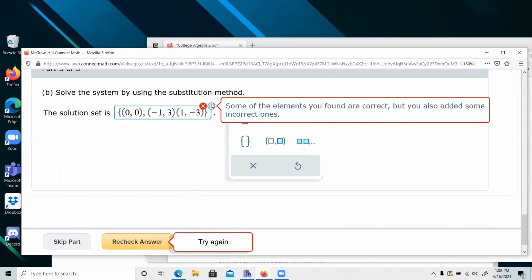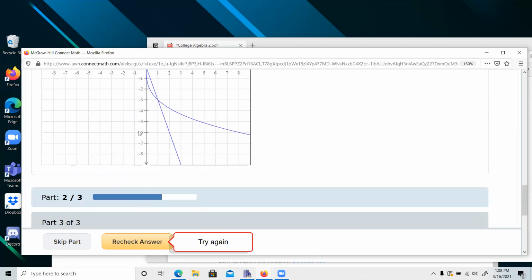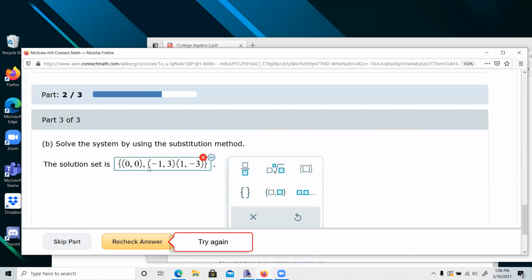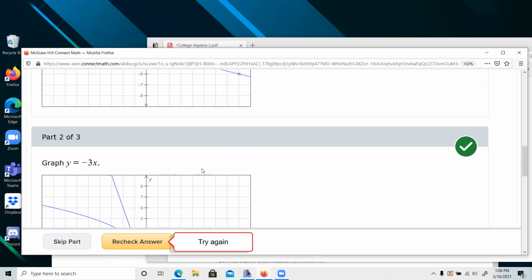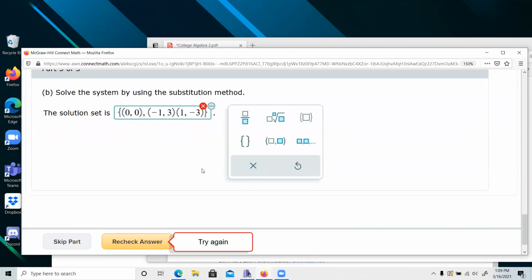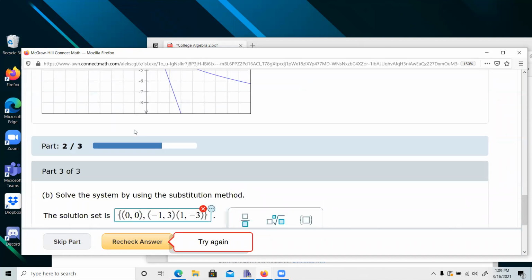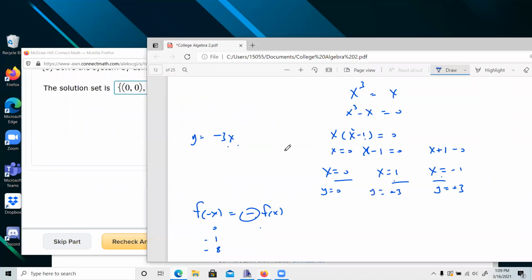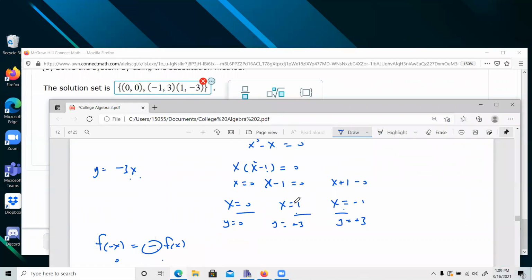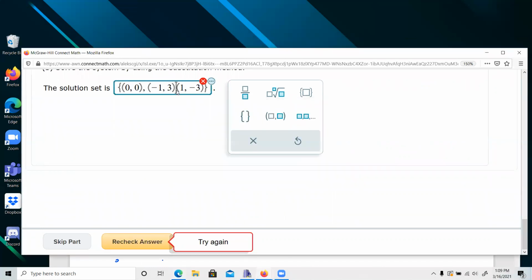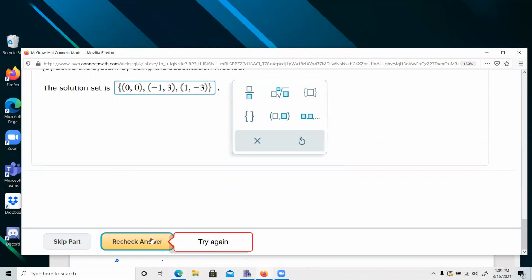What? All right, we have 0, 0. We have negative 1, positive 3. We have 1 and negative 3. Those are the 3 that we got, right? 0, 0, 1, -3, -1, 3. What are you saying? Oh, I didn't put a comma there. I'll bet that'll fix it.